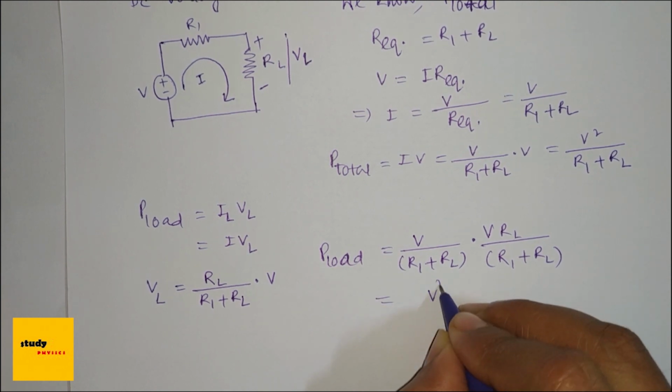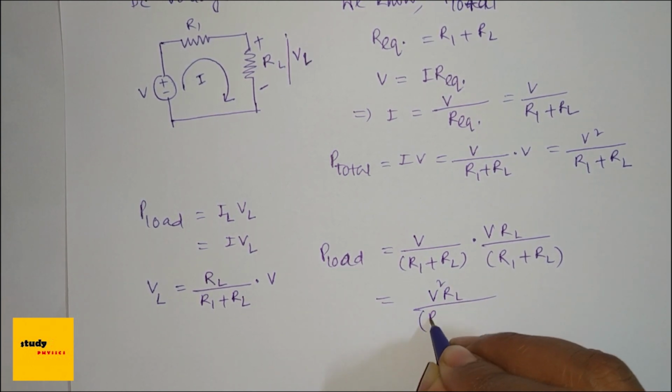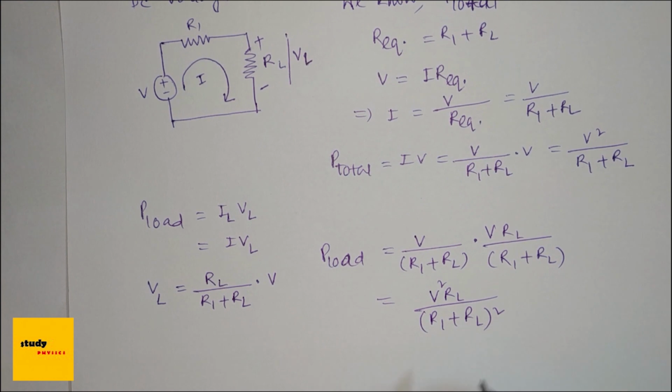That means V square RL divided by R1 plus RL square.